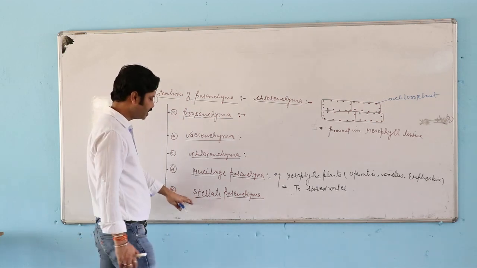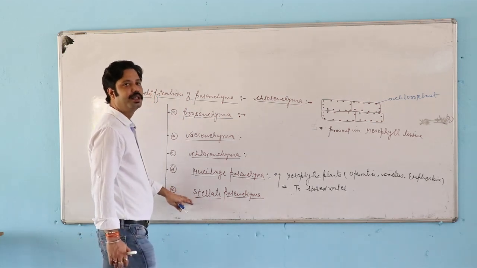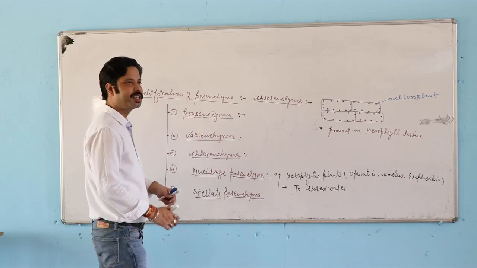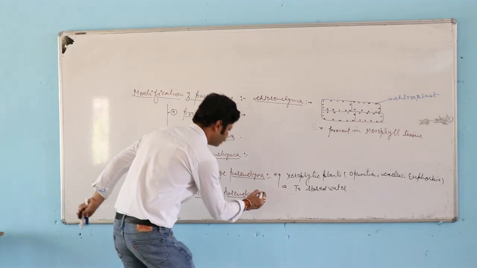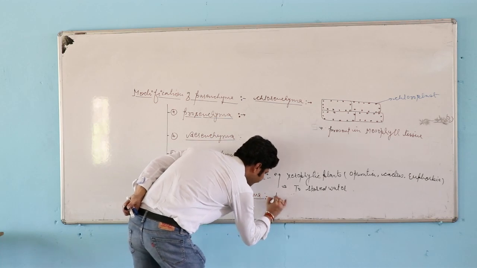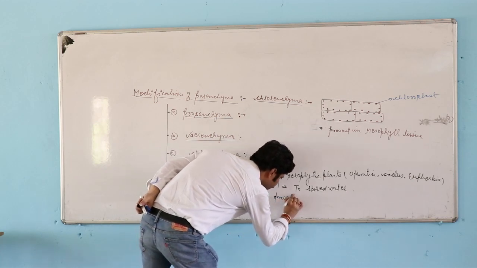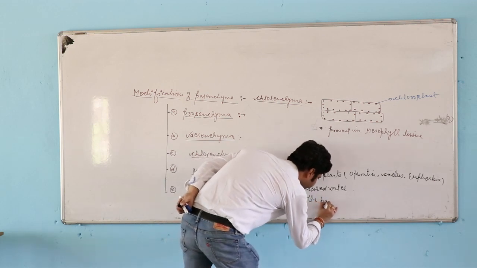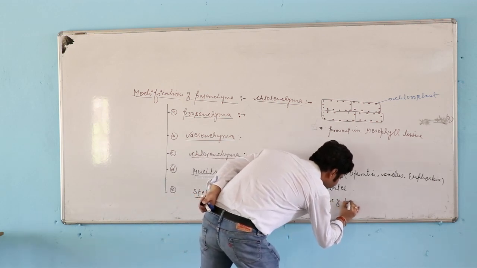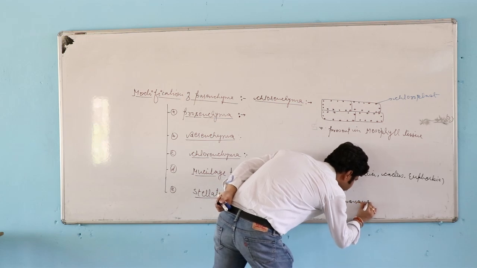Now, last one is stellate parenchyma. Stellate parenchyma is basically present at the base of banana leaf.